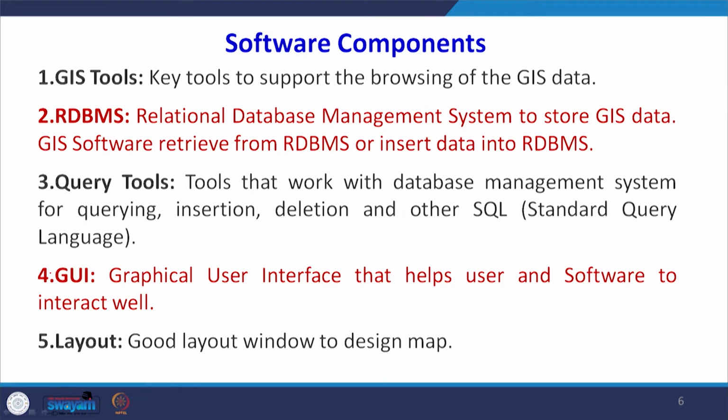Then, as I told you, the relational database management system plays a very important role, not only to store the GIS data, but to carry out retrieval from the entire data sets depending upon our query systems, depending upon the selection of part of the data set. So we can retrieve the data very quickly from these huge data sets. So this RDBMS capability should be there.